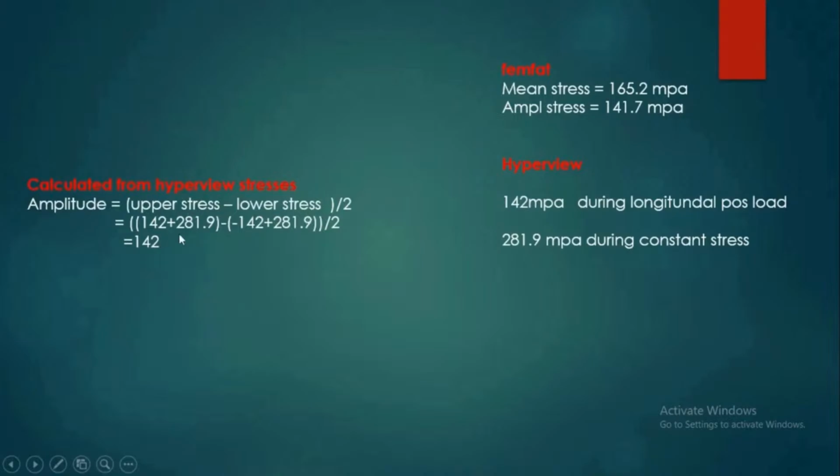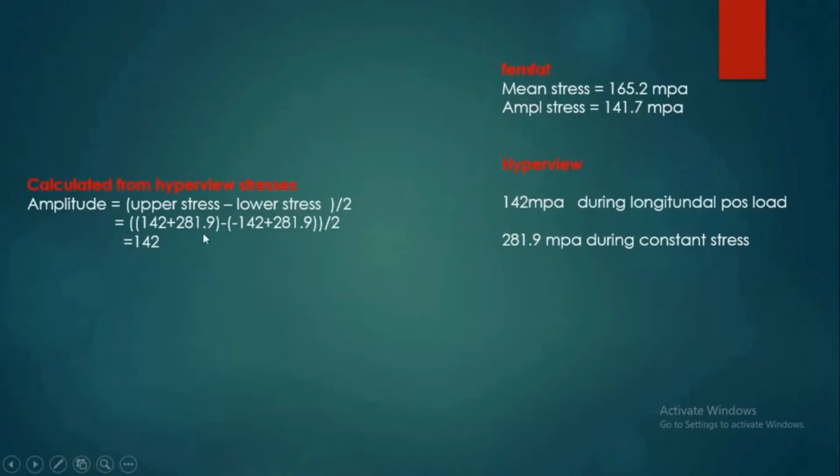Upper stress is the longitudinal positive load, that is 142, plus constant stress, which is positive 281.9, minus, then in brackets, lower stress. We have used the scale factor to make this negative in lower stress, so it is minus 142 plus this value, divided by 2. It comes out to be 142, which is nearly equal to 141.7.